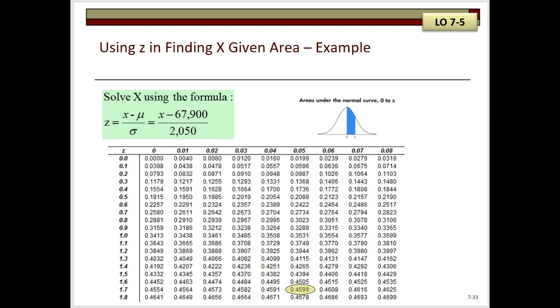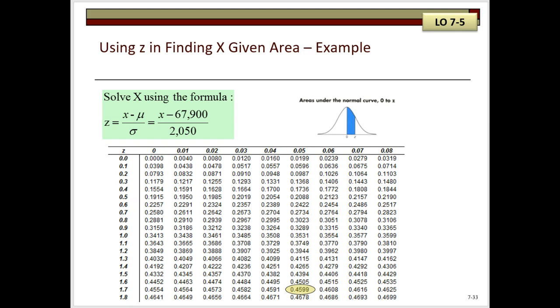The answer is yes. Remember that one of the characteristics of a normal distribution is its symmetry around the mean. So the left tail area of 0.04 as depicted in the figure in the prior slide is actually exactly the same as the 0.04 right tail area of the distribution. To obtain the z-value such that the area beyond it is 0.04, we locate in the body of the table the area closest to 0.4600.